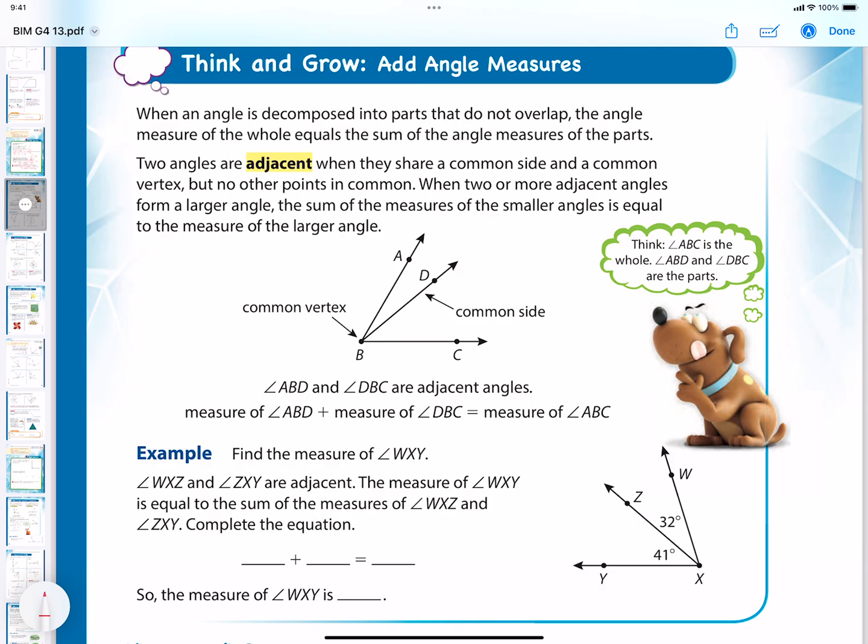Now, when an angle is decomposed into parts that do not overlap, the angle measure of the whole equals the sum of the angle measures of the parts. You don't know what it means? We are talking about the adjacent, which is what?